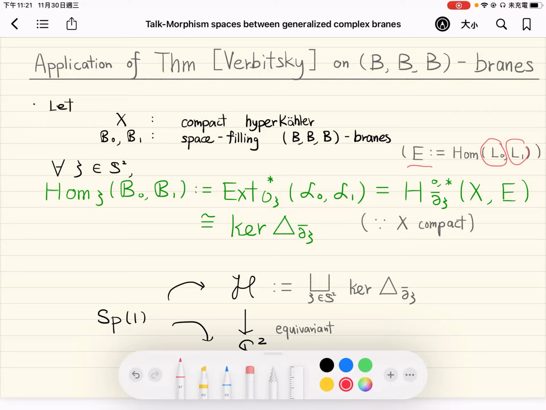So if we compute the morphism space, it is given by the global Ext group, and of course this is equal to the sheaf cohomology because we have two locally free sheaves. And by Hodge theory, this is equal to the kernel of the Laplace operator here. So the theorem of Verbitsky says that indeed we also have a vector bundle over the two-sphere, and we have an SP1 symmetry intertwining the fibers of the total space of this vector bundle.